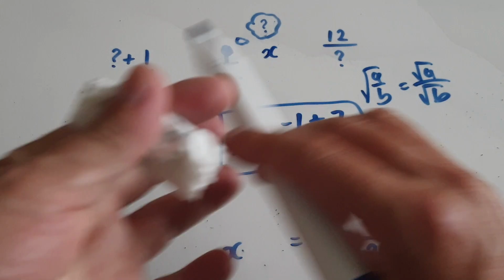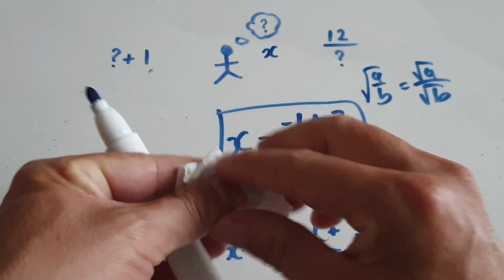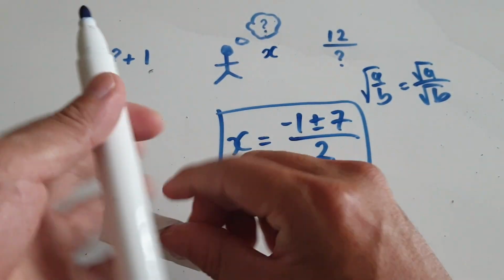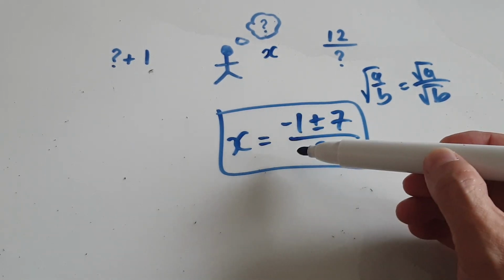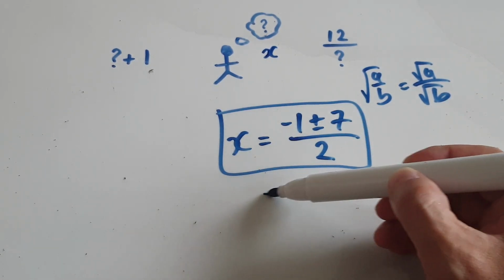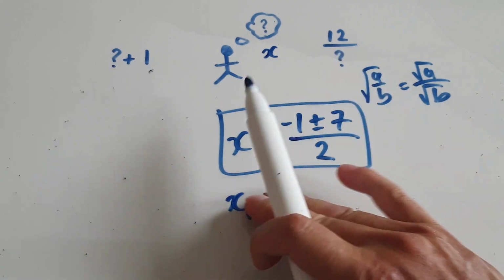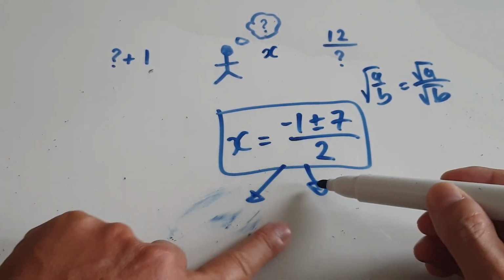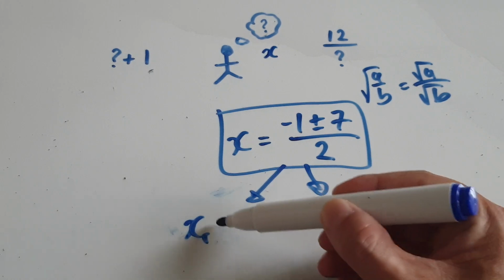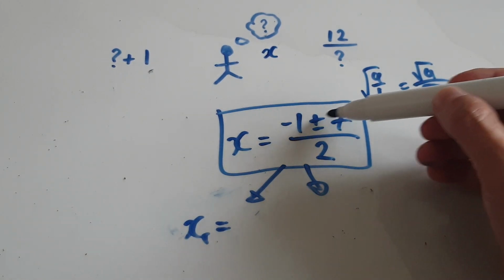But let's just translate that to our scenario here. So what we're saying is that one solution is add 7. So negative 1 add 7. When you get to this stage here, there will be 2 solutions. One solution, x1, equals negative 1 plus 7.